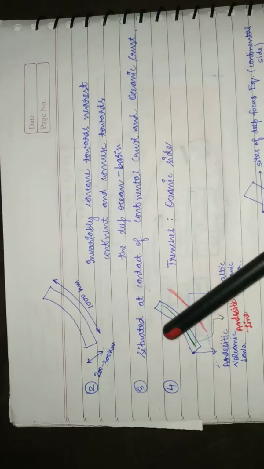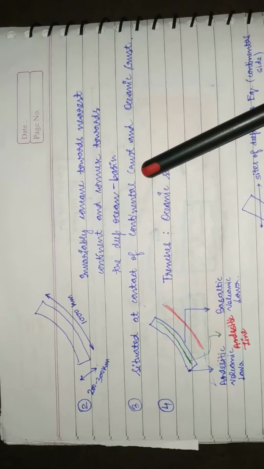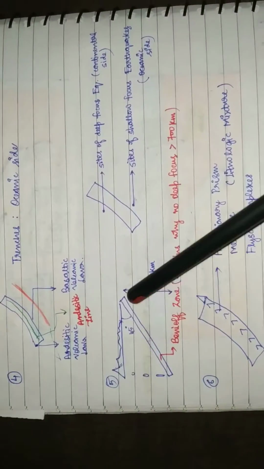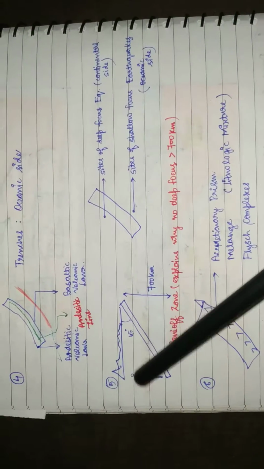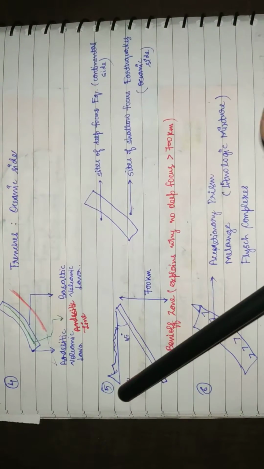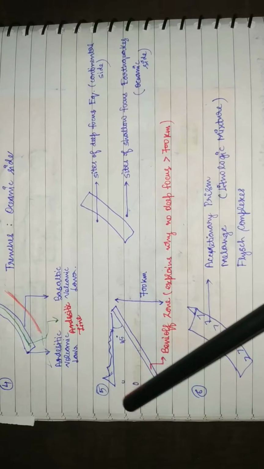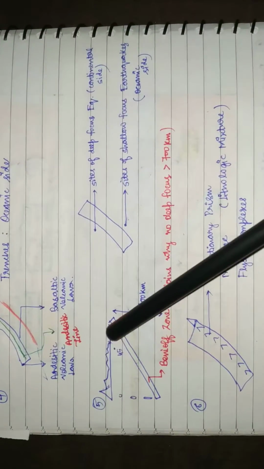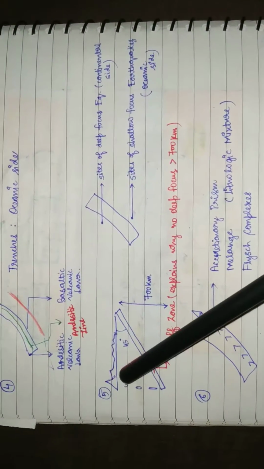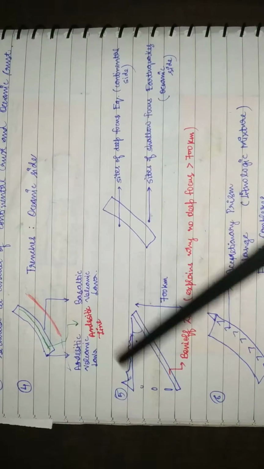Third, it is situated at the contact of the continental crust and the oceanic crust. So here is the continental crust where it ends, and here the oceanic crust starts, and this is Japan. I'm showing this as a 2D figure.